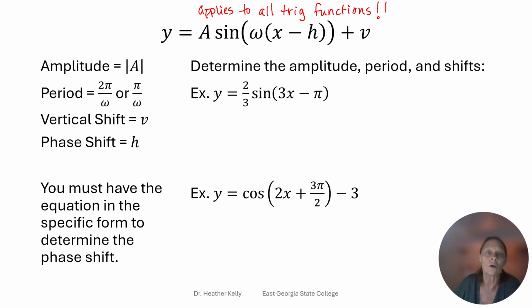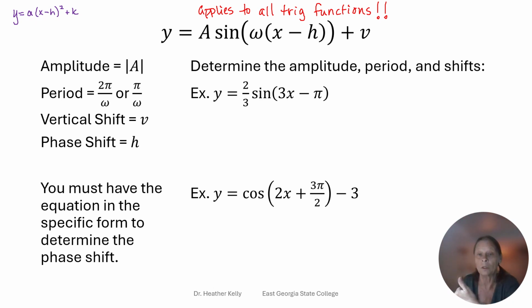It applies to all the trig functions, including tangent, cotangent, cosecant, and secant. Okay, so this is very similar, and I'm going to bring you back to maybe a shot from the past, but this is very similar to the standard form of a quadratic equation, right? And this is something that you learned how to do real quickly on how to shift things over.